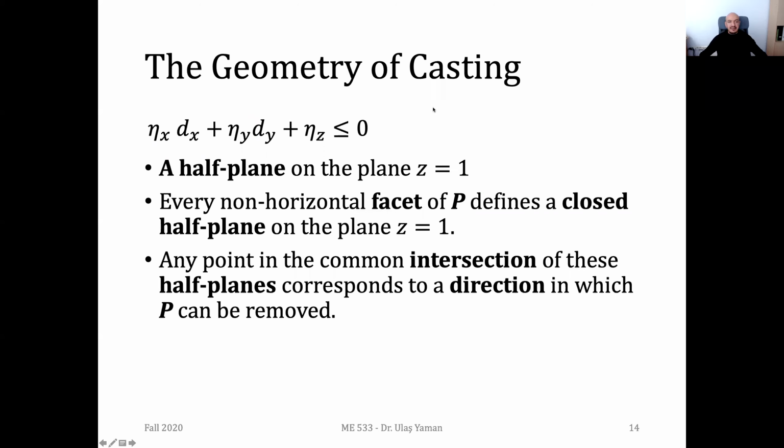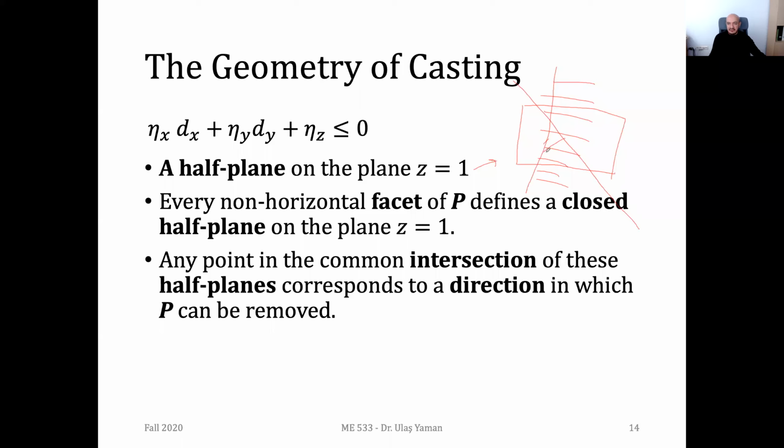So the thing is that if you have one half plane for each ordinary face, then you are going to have a more complicated region. I am drawing a top view of the z equals 1 plane. Okay, this is z equals 1. And if you have many ordinary facets, and this is one region, this might be another half plane.